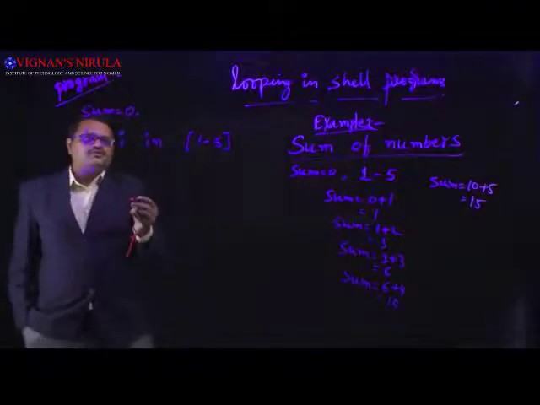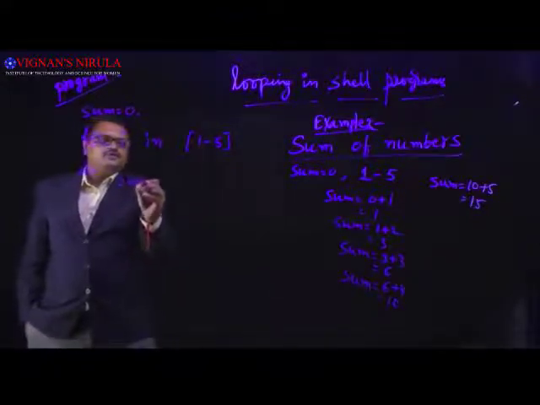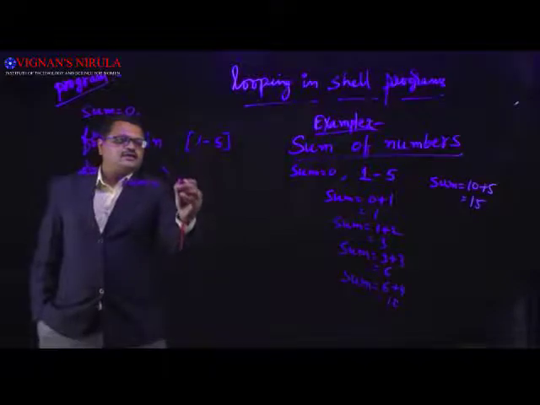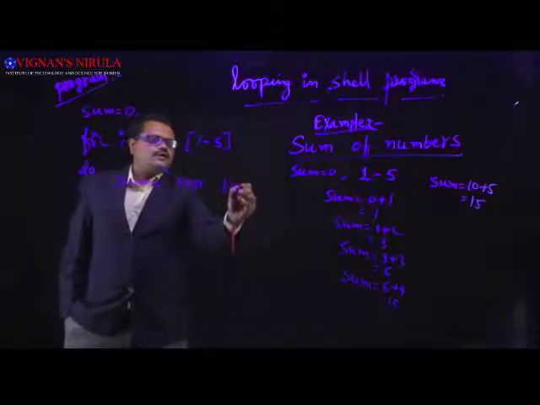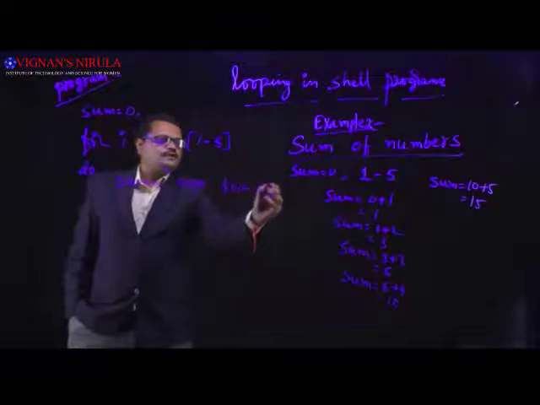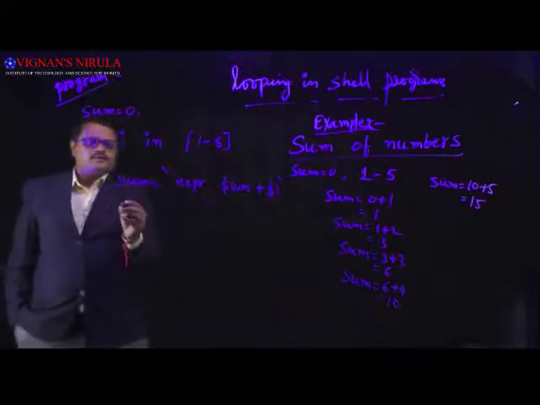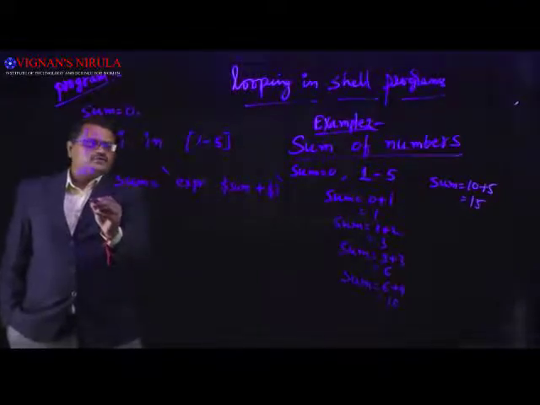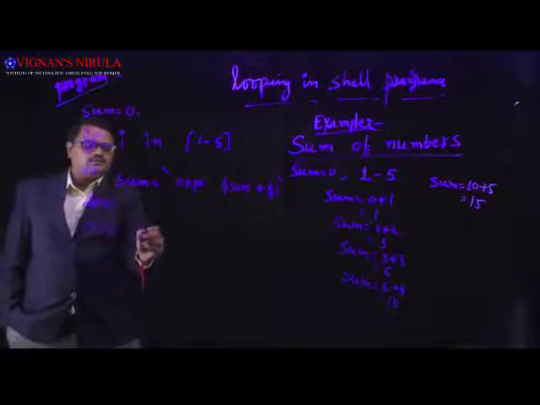So one way of doing it is using the expr command. So do sum equal to backtick expr $sum plus $I backtick, close, and done. Now immediately after this you can give echo $sum.